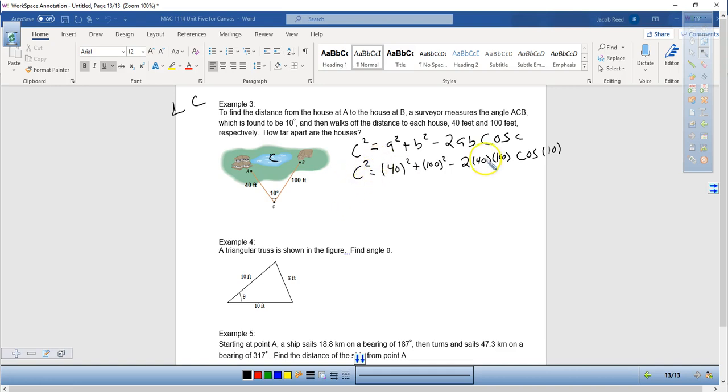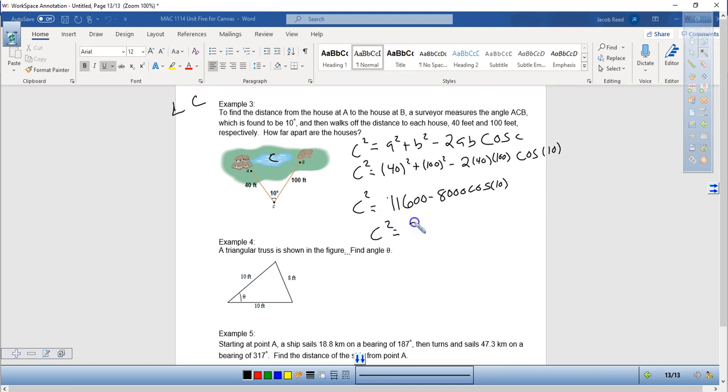Okay, and then once you work this out, c squared is equal to, so we got 11600 minus 8,000 cosine of 10 degrees.